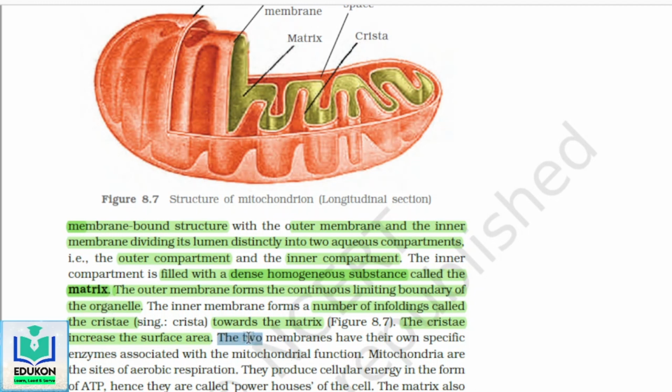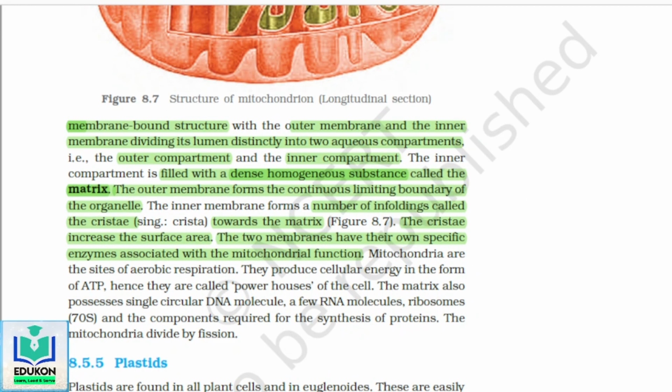The two membranes have their own specific enzymes associated with the mitochondrial function. So the outer membrane has its own enzymes, and the inner membrane also has its own enzymes, coordinating mitochondrial functions. Mitochondria are the sites for aerobic respiration.